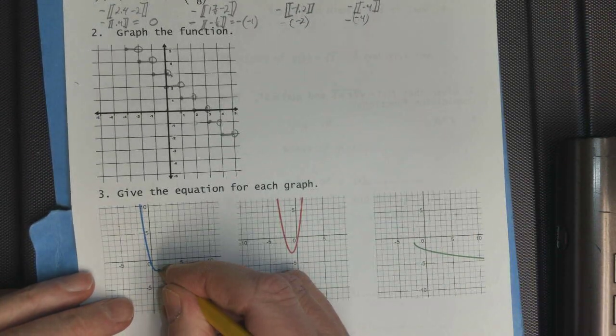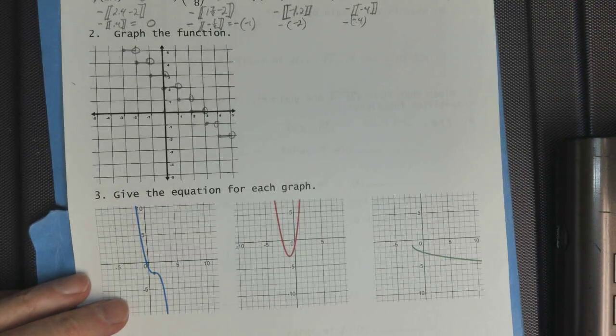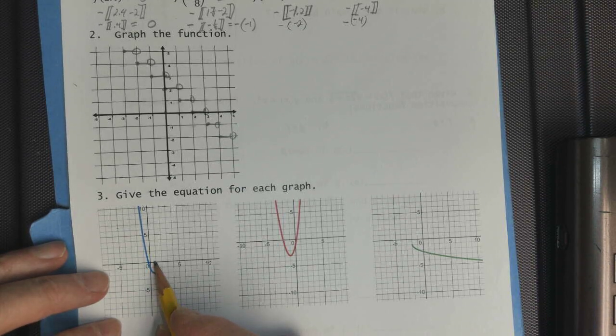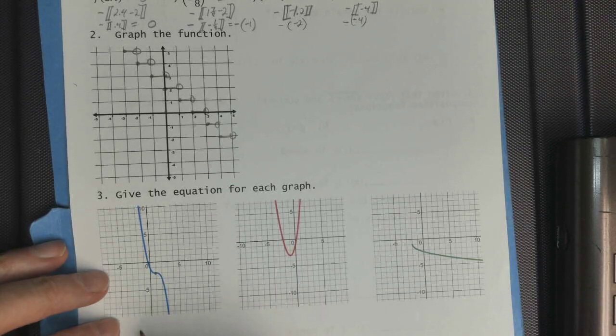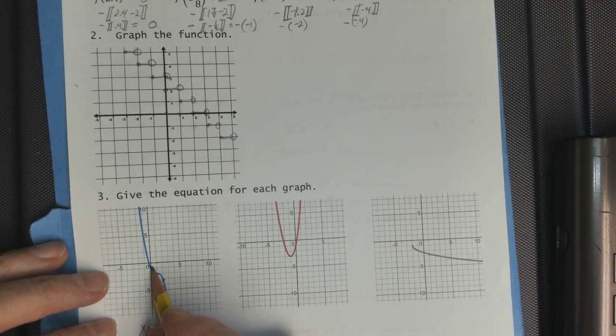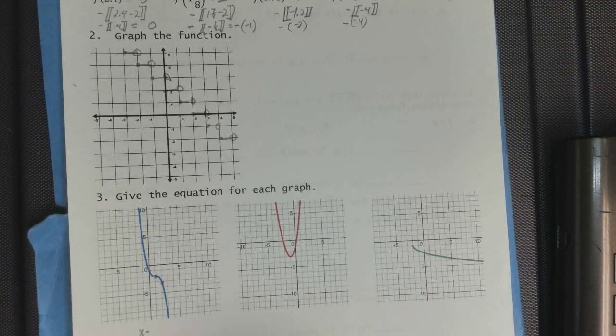I'm looking at this one. This is a cubic function, but it is negative. Looks like we've gone 1 unit to the right and 2 units down. So I'm going to go 1 unit, and as I go 1 unit from the middle, I don't think we have stretched it or anything like that.